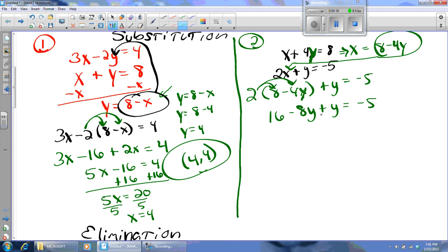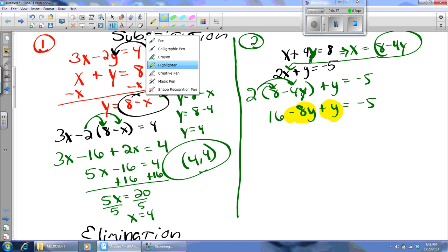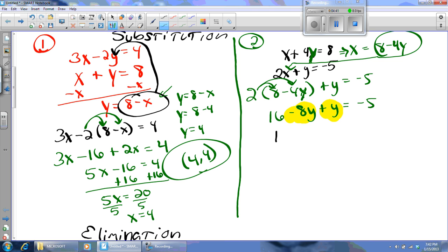Combine my like terms. Many of you are going to think you have 16 minus 9y. You do not. Remember, this negative right here belongs to the 8y. So I have a negative 8y and a positive y. And that's going to get me 16 minus 7y equal to negative 5.